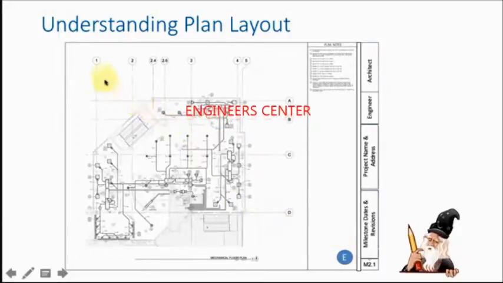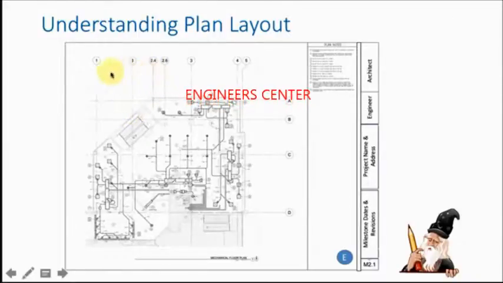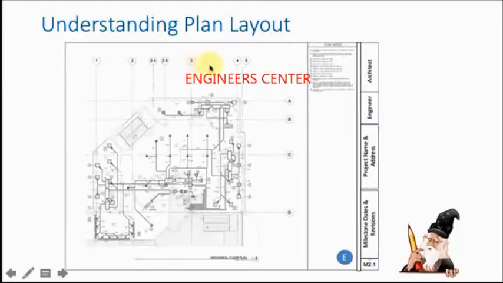And then along here you'll usually find column lines that match up with the architecturals. So this goes 1, 2, 2.4, 2.6, 3, 4, and 5. It's kind of like bingo.